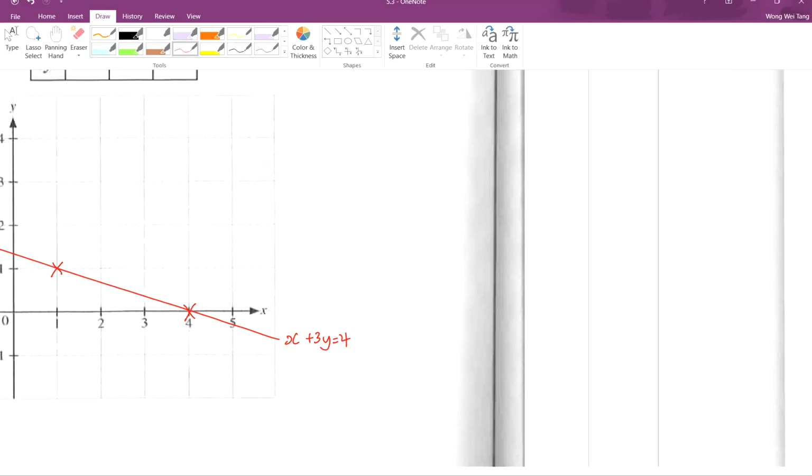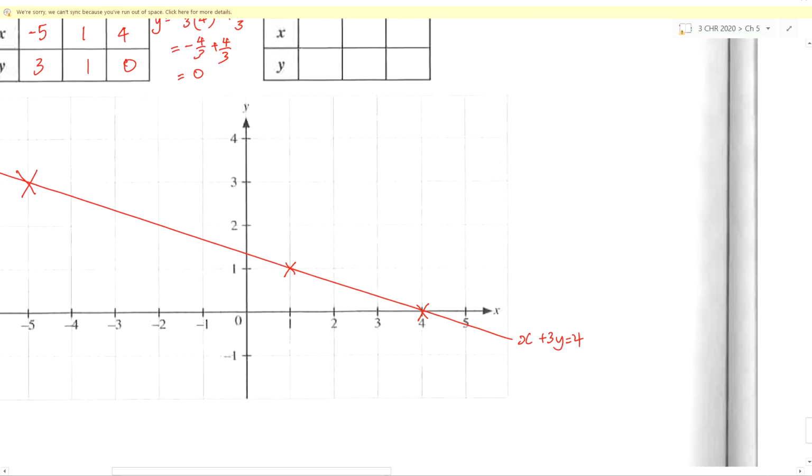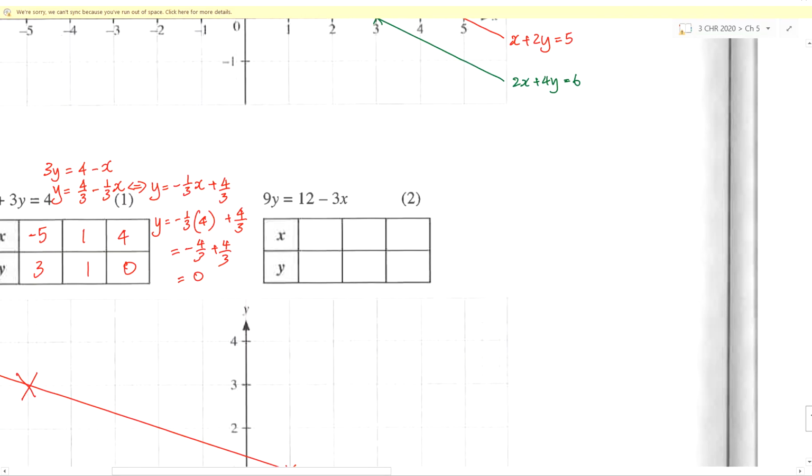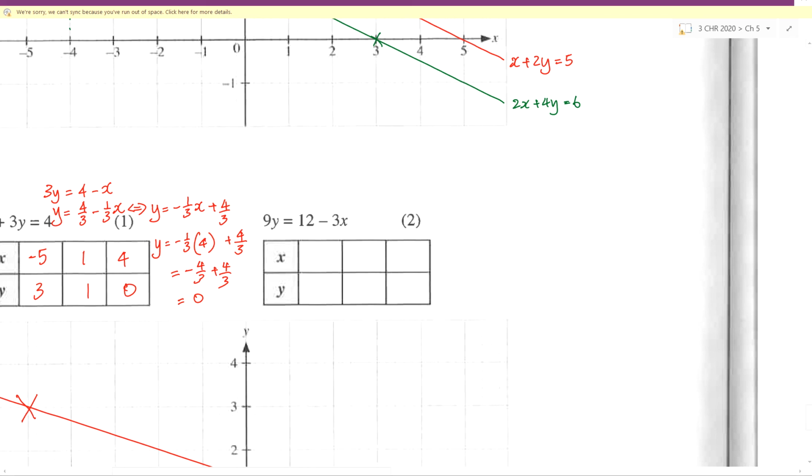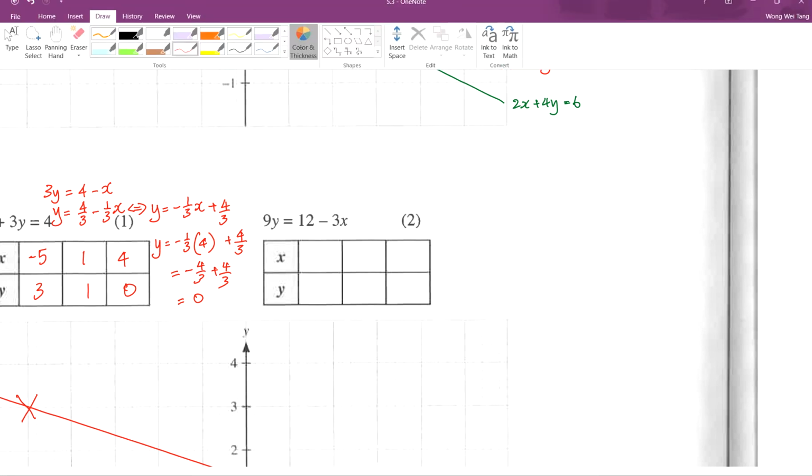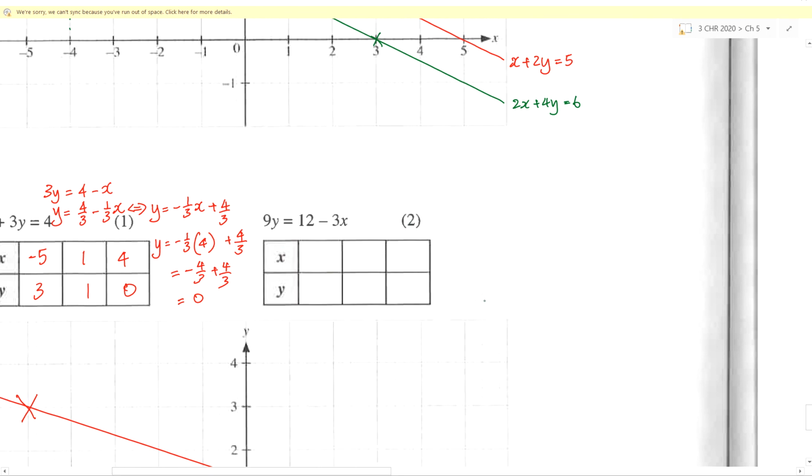Now here we have the other equation. Again, we make y the subject. Dividing by 9 throughout, we have y equals to 12 over 9 minus 3 over 9x. Do some simplification. 4 over 3 minus 1/3 x. Rearrange them.